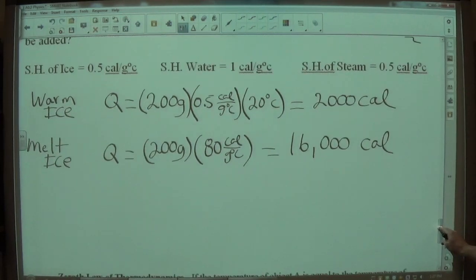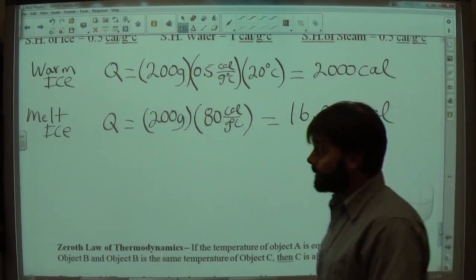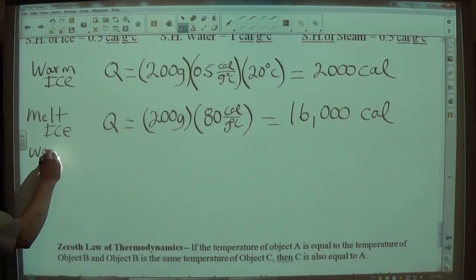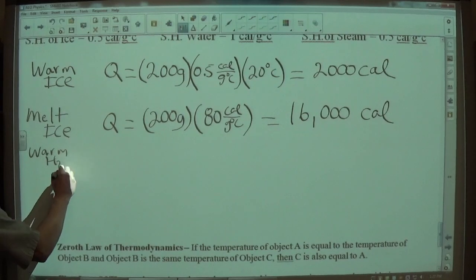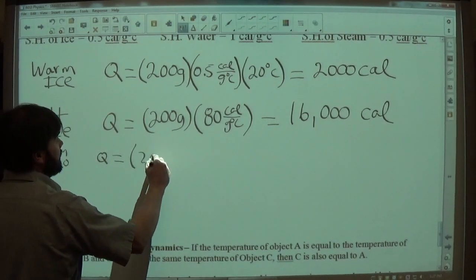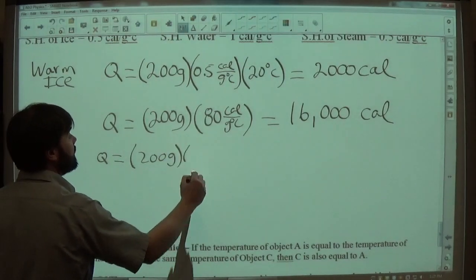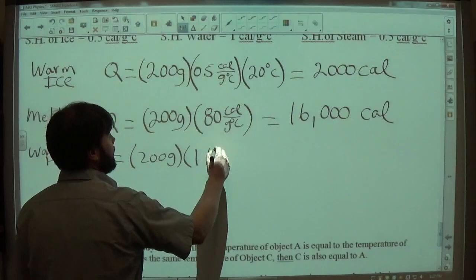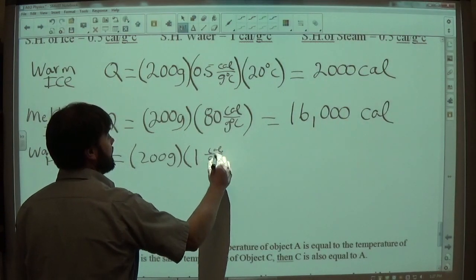All right. Well, now we have 200 grams of water, and we need to warm the water up. So now we're going to warm the H2O that's left over. To figure out the heat that goes into that, we still have 200 grams of water. We multiply that by the specific heat of water, which is 1 calorie per gram degree Celsius.